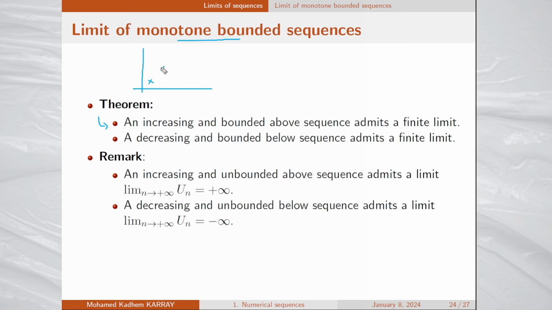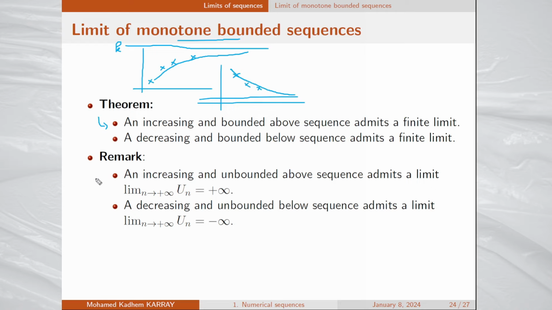Assume that we have an increasing sequence, but assume also that it is bounded above by some value, say k. In this case, the sequence converges to some limit which is finite. Also, a decreasing and bounded below sequence converges to some finite limit also.